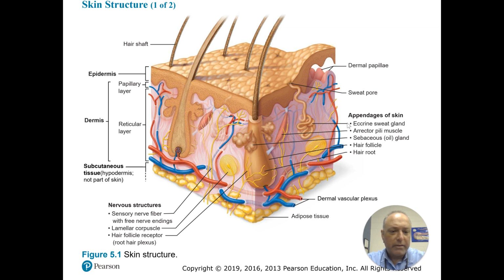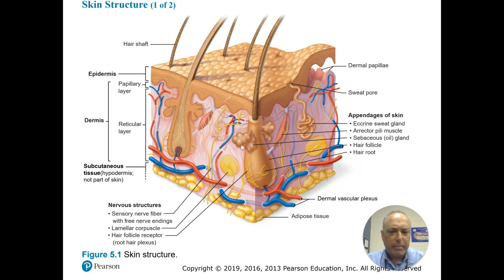Okay, you can see some eccrine glands. These are like your everywhere glands. We've got smooth muscle, erector pili. These are to force the hair follicle to stand erect.